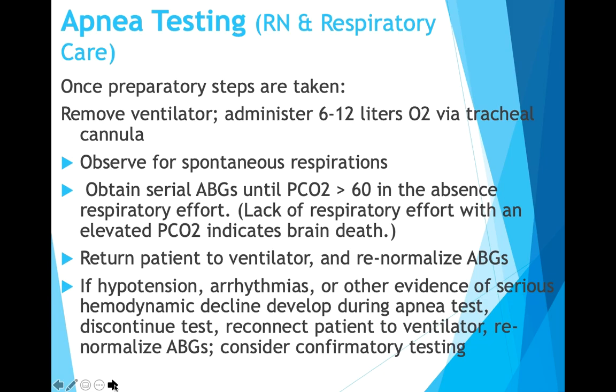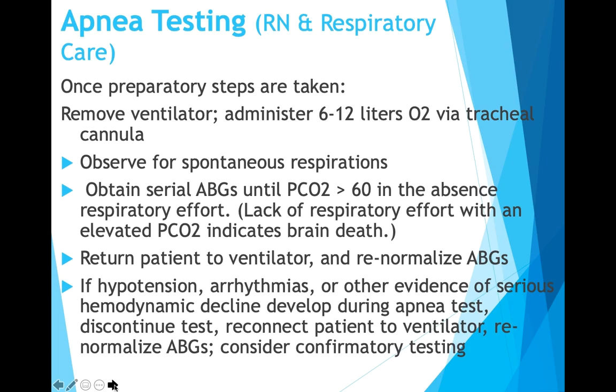You would return the patient to the ventilator and renormalize their ABGs. Now, if during this time when you're doing your serial ABGs, and even if the CO2 has not reached 60, the patient becomes unstable, so hypotensive, if they start to have arrhythmias or any other hemodynamic decline, you would then stop the test and put the patient back on the ventilator and try to normalize their ABGs again, and you consider another confirmatory test.